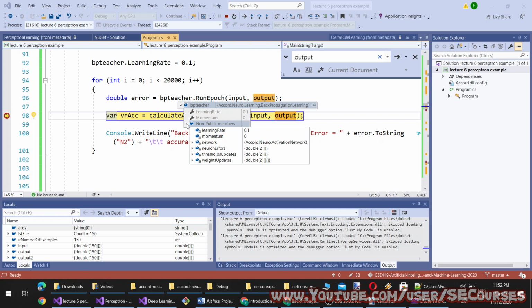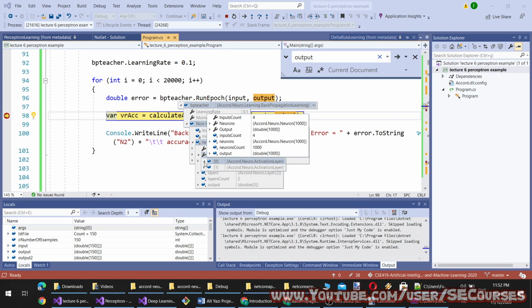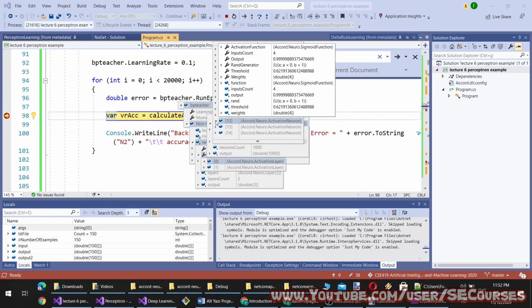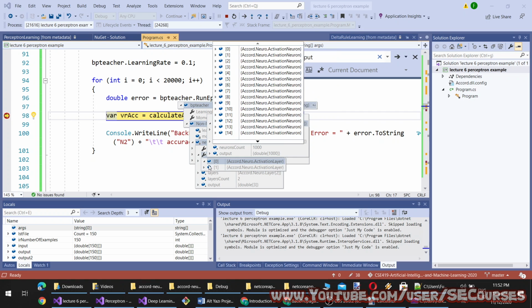There is momentum and learning rate. When I click the network, I see the layers. Okay, the first layer has 1000 neurons and each neuron has 4 inputs, 4 weights, as you can see.